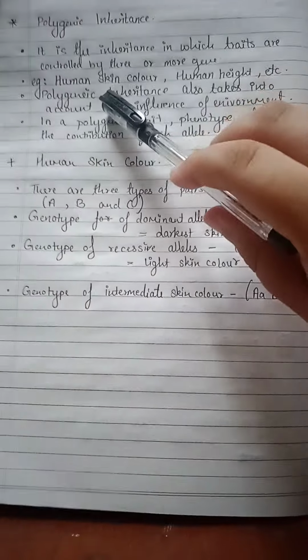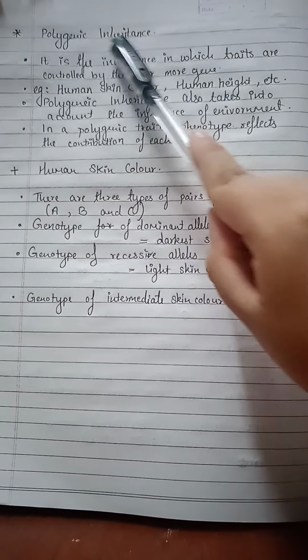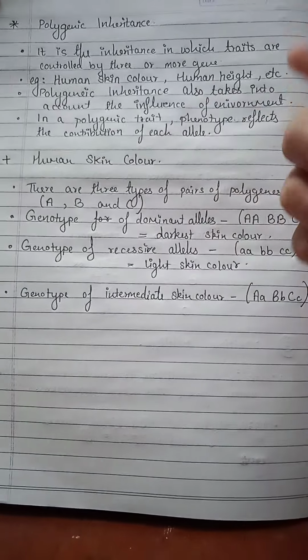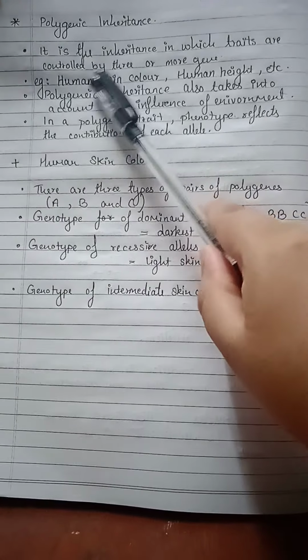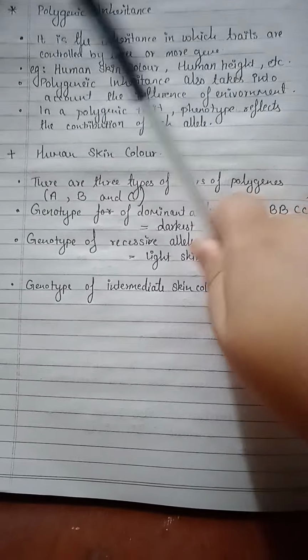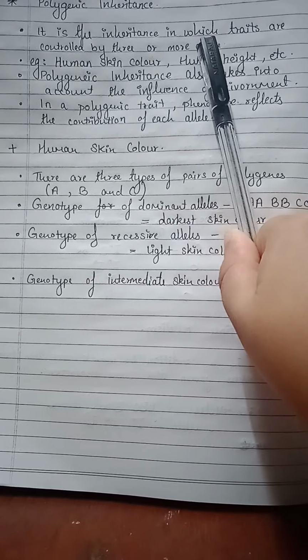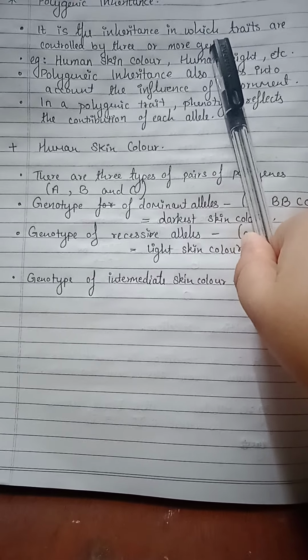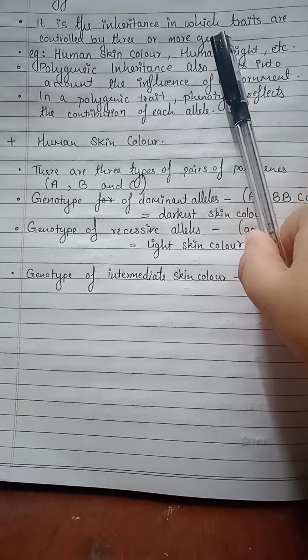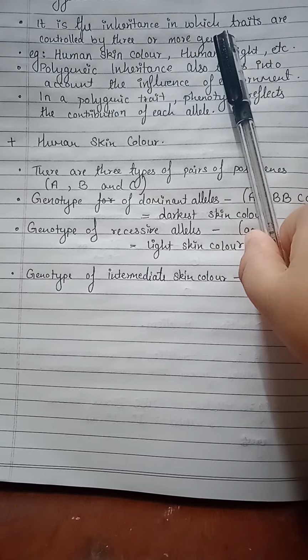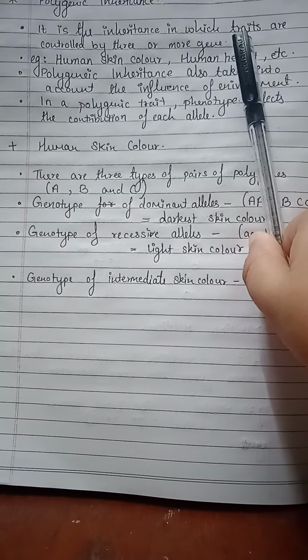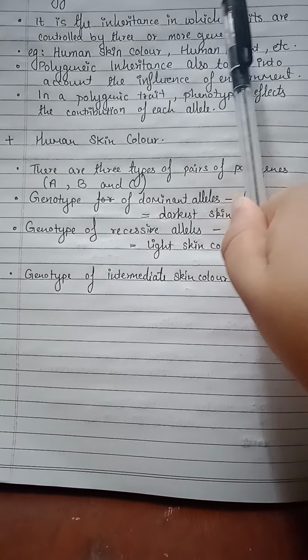Now, the next topic is polygenic inheritance. What is polygenic inheritance? It is the inheritance in which traits are controlled by three or more genes. Before, we saw that the characters are two, dominant and recessive, like tall, dwarf, round, yellow.